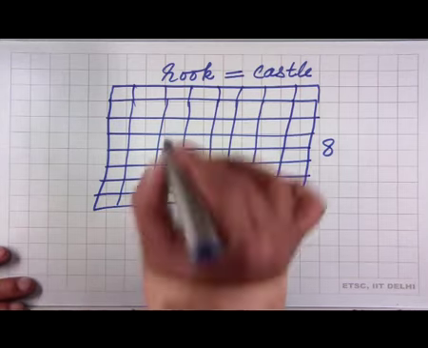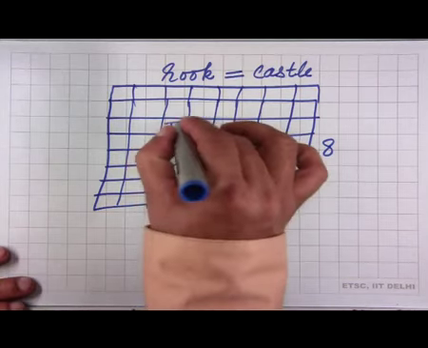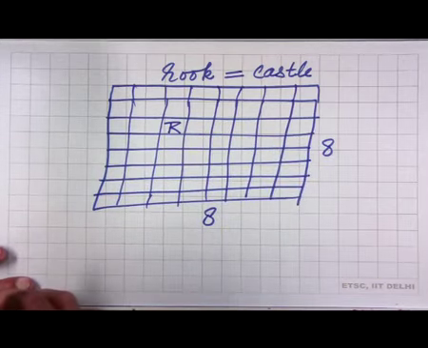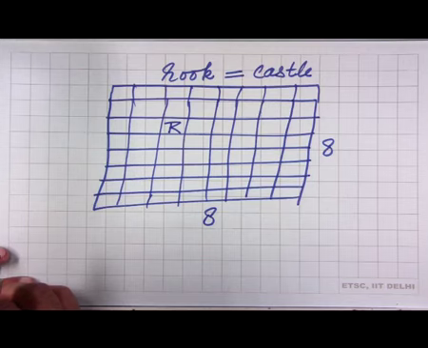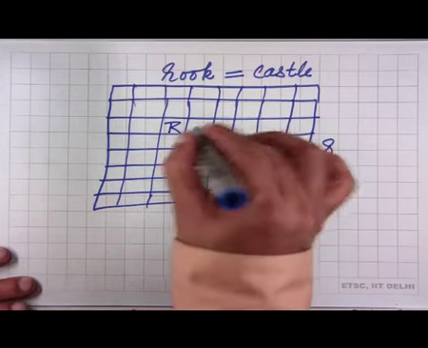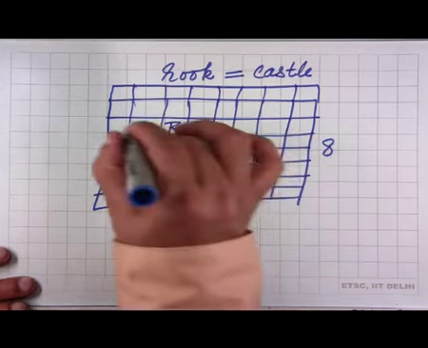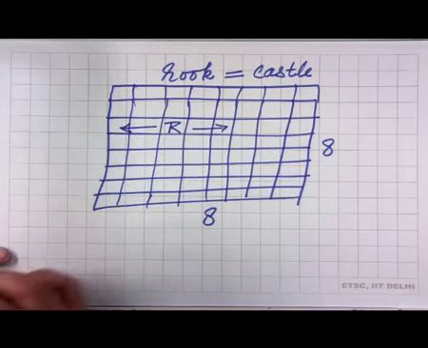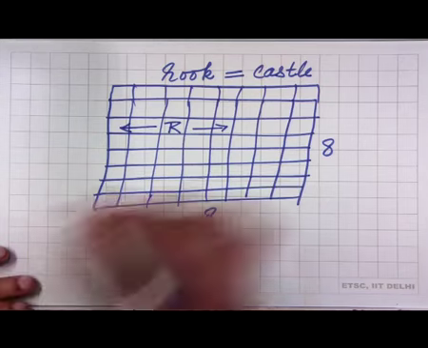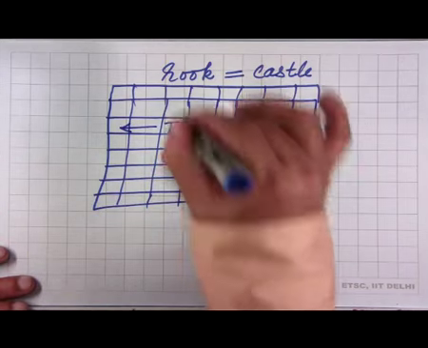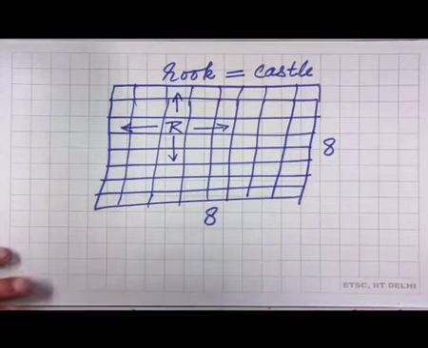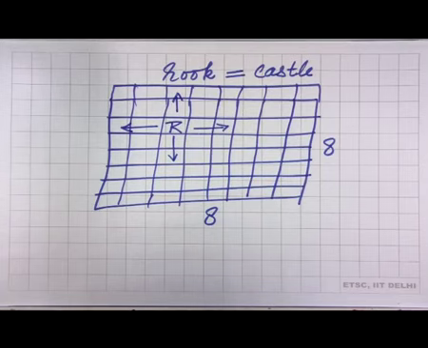Now, let me just denote a rook by a symbol R. This is how the rook moves on a chessboard. It moves in a direction which is called east and west, or moves along the row it is placed in, or it moves in the direction of north and south, which means it moves in the column it is placed in.